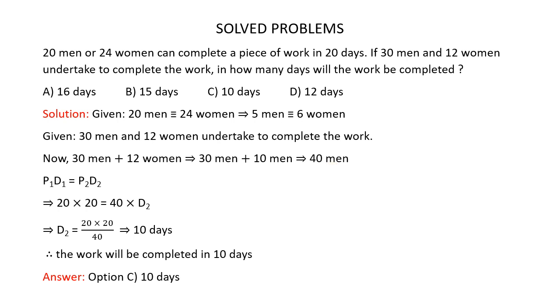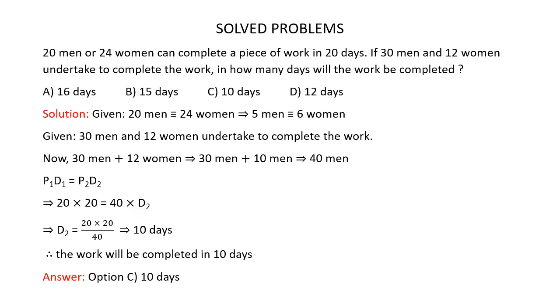Now since the work done is the same, use the formula P1 D1 is equal to P2 D2. Here P1 the number of persons is 20 men and D1 the number of days is 20 days. P2 the number of men is 40 men and we are supposed to find D2 the number of days.